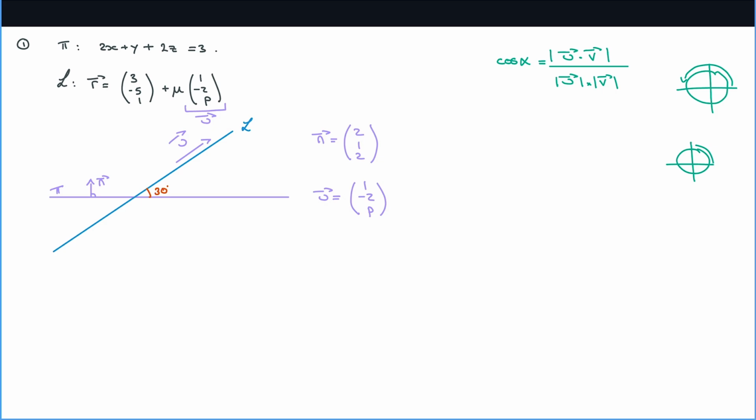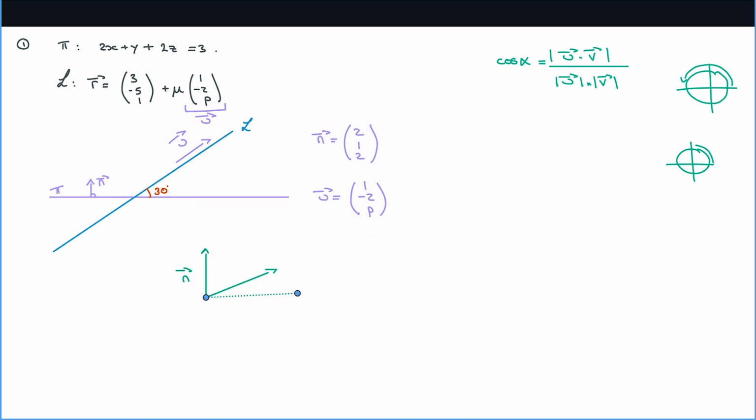If I say that the vector normal looks like this, I'll call that my vector n. I know, because of the inclination of the line, it's at 30 degrees to the plane, that the direction vector of the line looks something like this. Let me make this a dotted line.